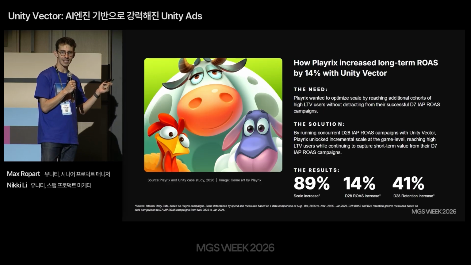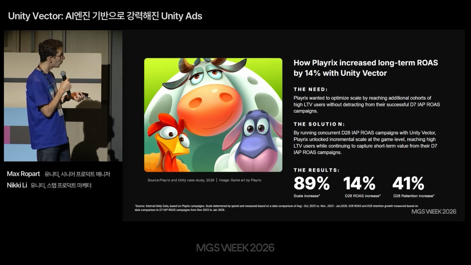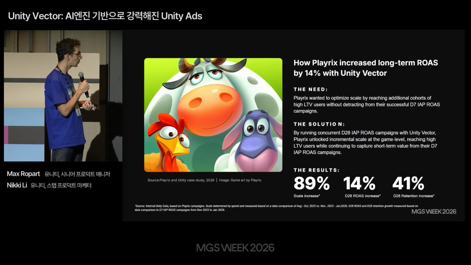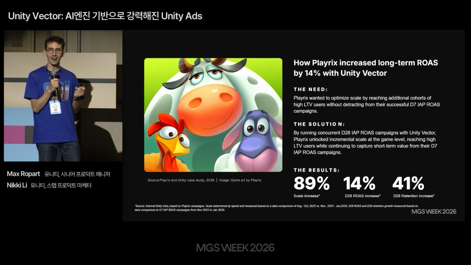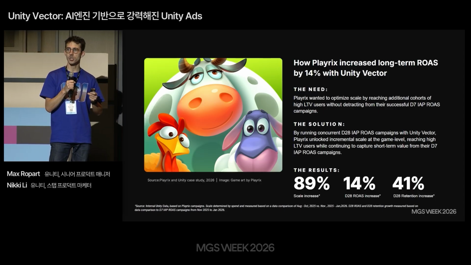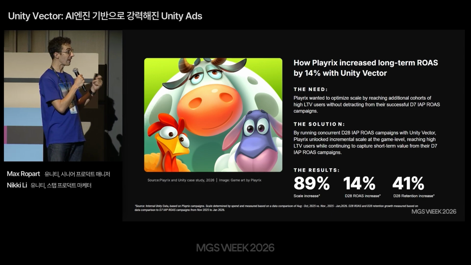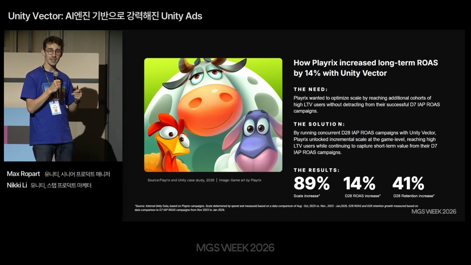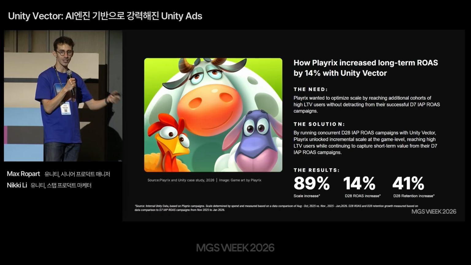We're talking about an 89% increase in scale, a 14% D28 ROAS increase and a 41% D28 retention increase. So we're providing a diversification. You want to make sure that with the new models Unity Grow and Unity Vector are developing, we're increasing and maximizing the reach for our developers, for the applications, for the games.